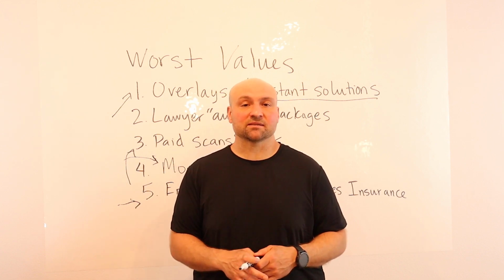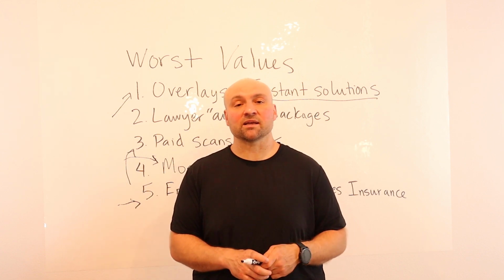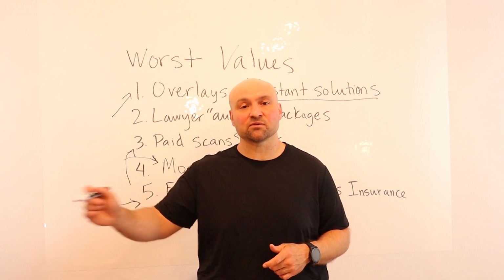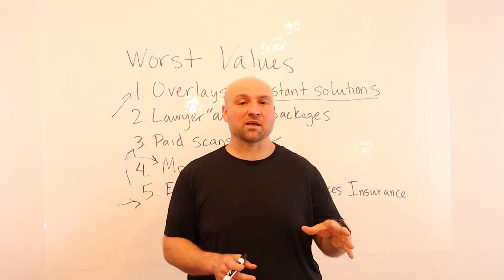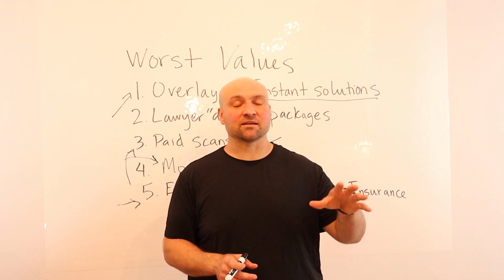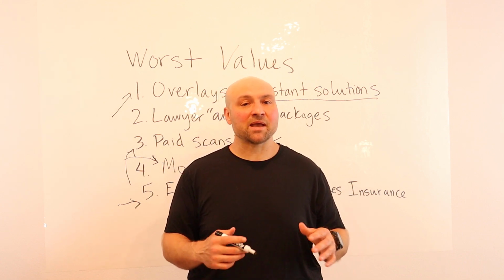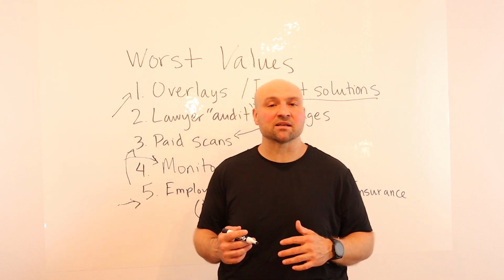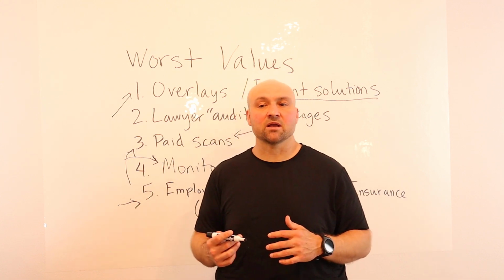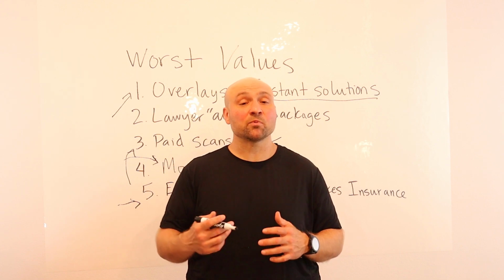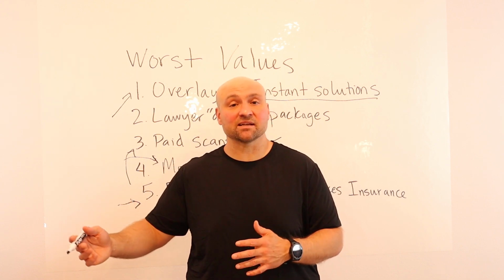The problem is when I was looking into EPLI, and I will link to a video I have on this, the cost associated with EPLI, the premiums and the deductible, really makes it a wash. It really doesn't make that much sense to have EPLI relative to the cost. You're really better off investing in accessibility.